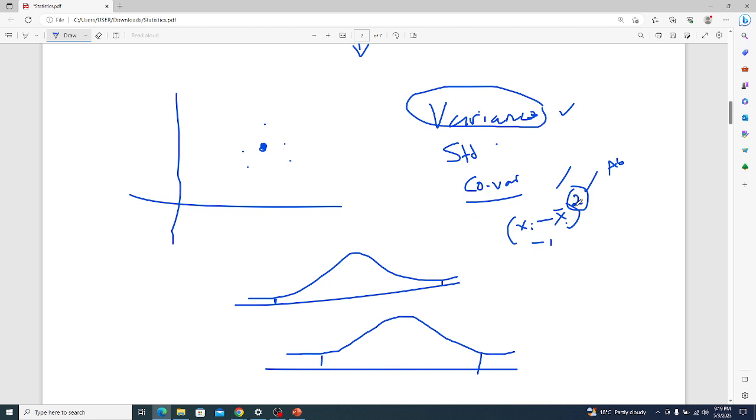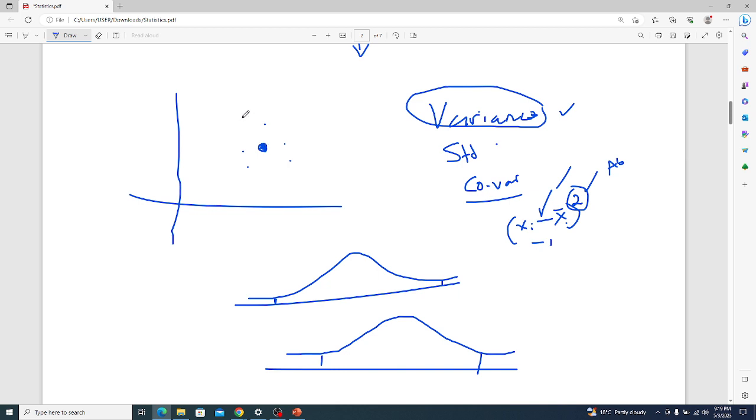So you square it to change it to a positive. We are squaring the difference. So variance shows us how our data points are spread away from the mean. Basically, that's the definition of variance.